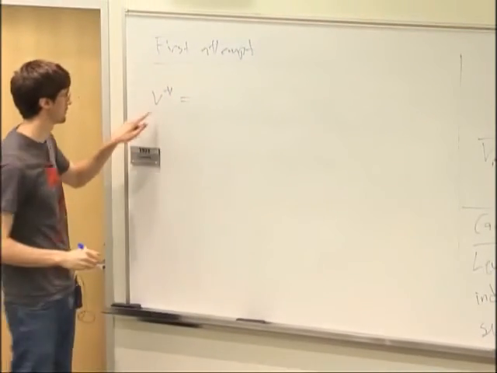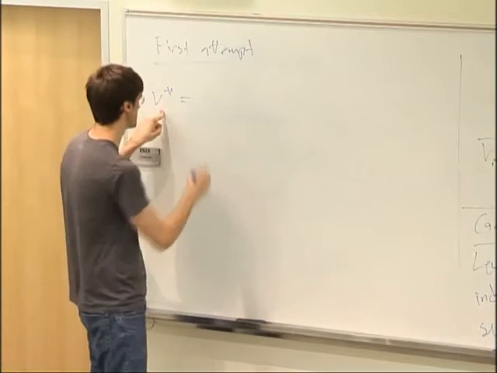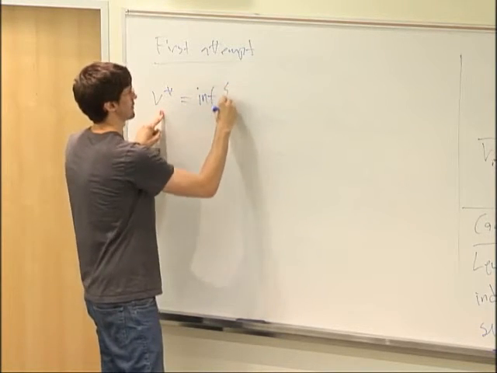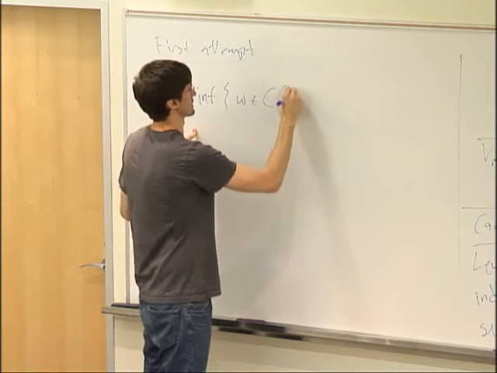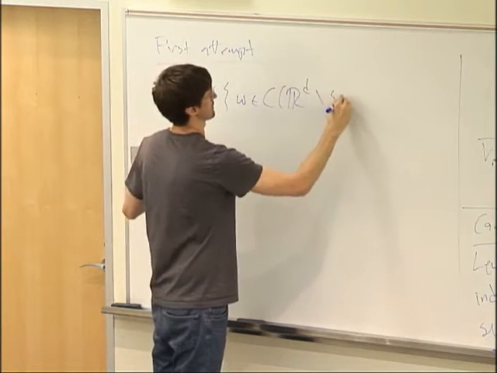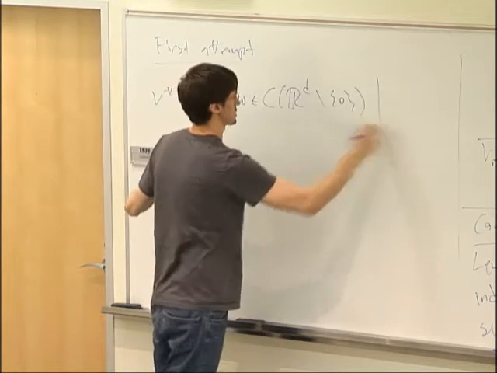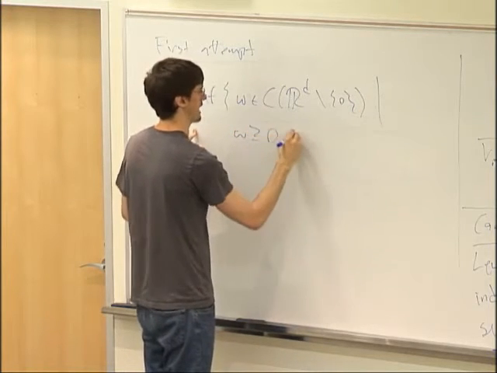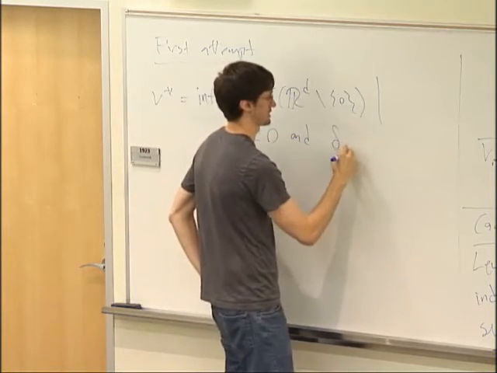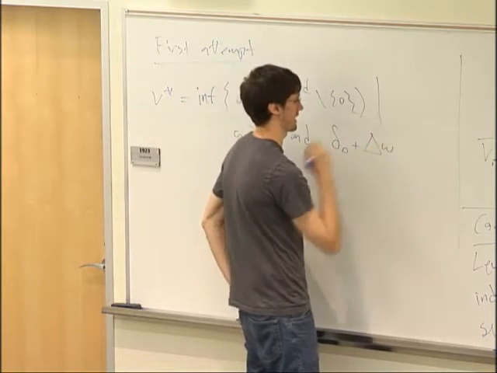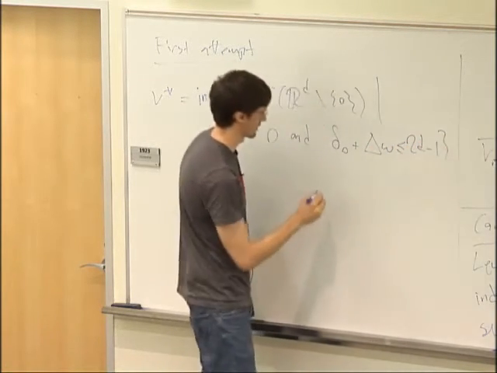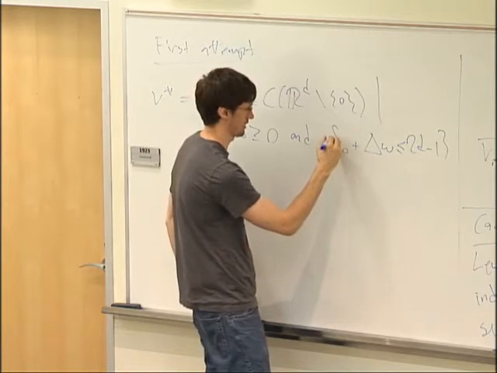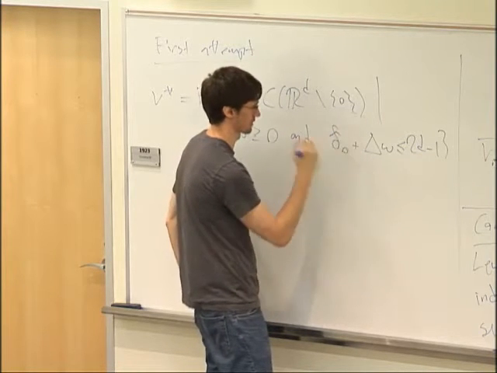So we could try to show that v is equal to v star, which is the inf over all w, continuous on R^d minus the origin, such that w is greater than or equal to 0, and delta naught plus Dirac w is less than or equal to 2d minus 1. This time I mean an actual Dirac delta, so maybe I'll put a little hat over it.